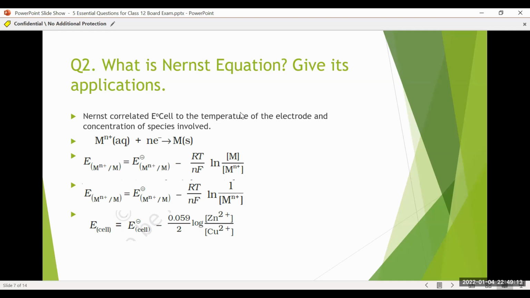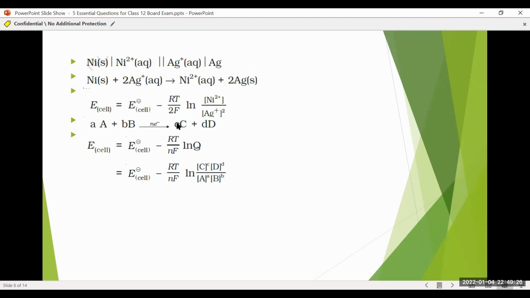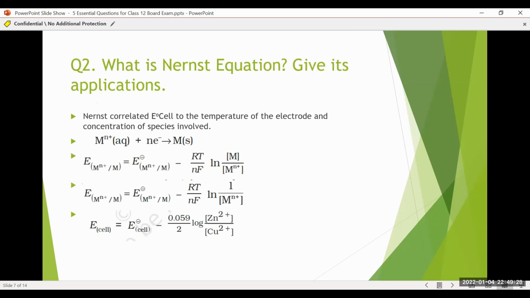We are using them commonly in our laboratories for the purpose of producing current from chemical reaction. Let us come to why we need the Nernst equation.